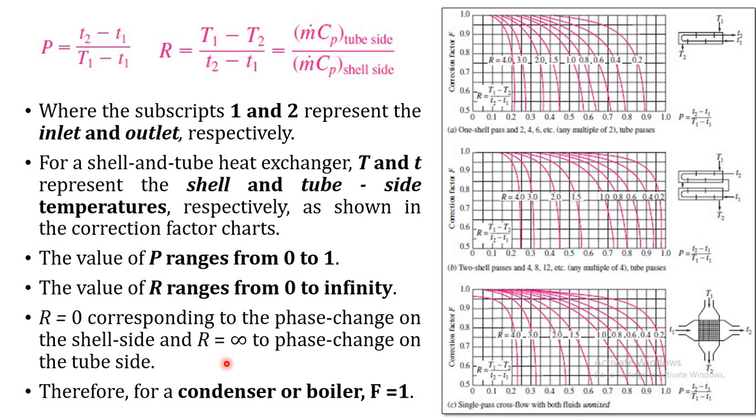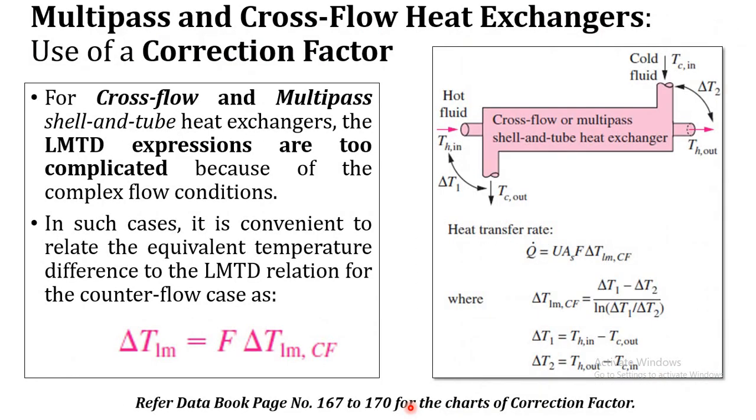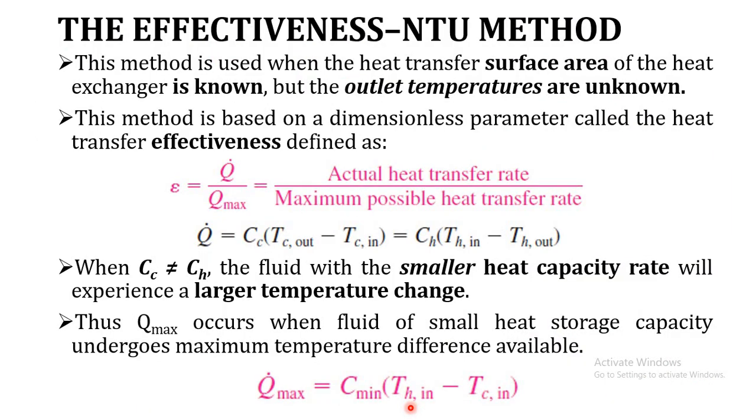So in the case of condensers, boilers or evaporators, the correction factor is always 1. These charts you can find in the data book, pages 167 to 170.